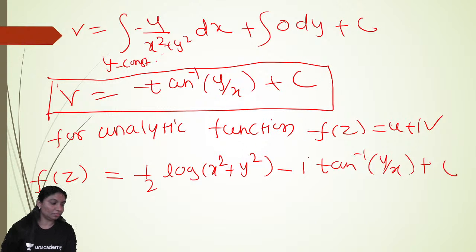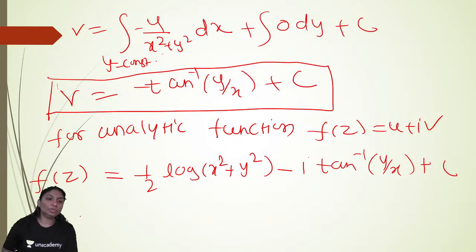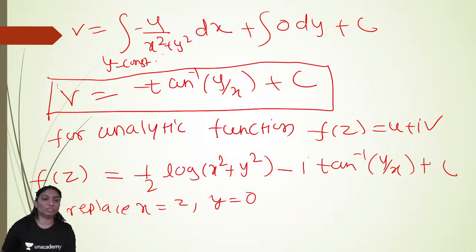Okay, by Milne-Thomson method we can write, here put, replace x by z and y by 0.